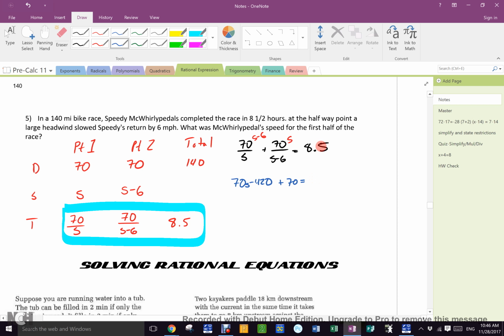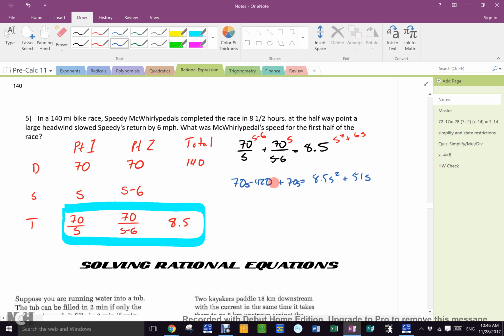What does this guy need? He needs S squared plus 6S, doesn't he? So what does it equal? 8.5 S squared plus 51S. Is everybody cool to there?